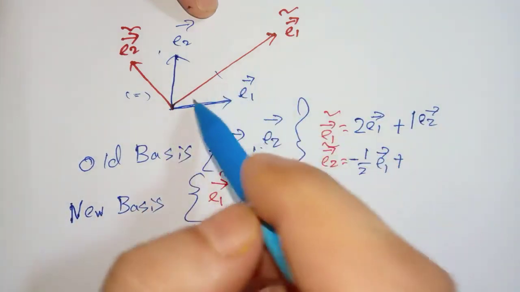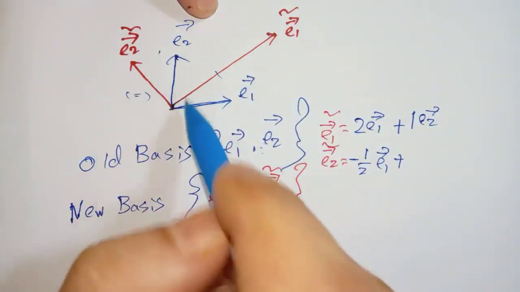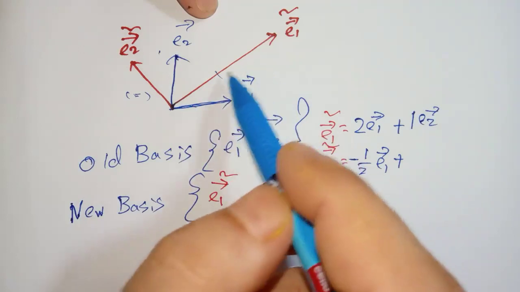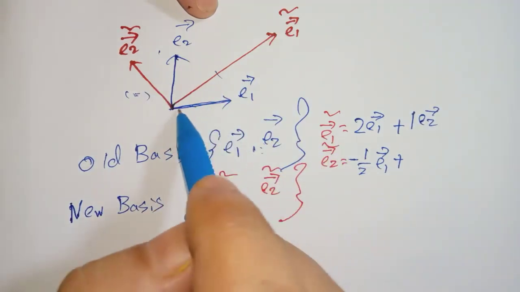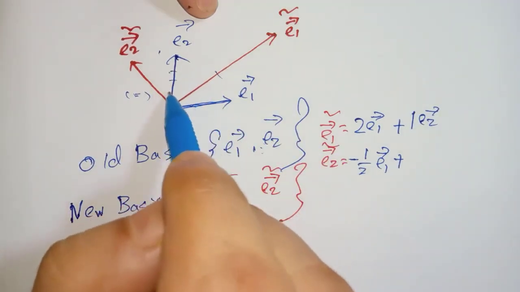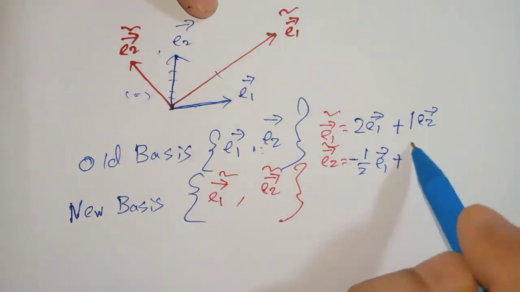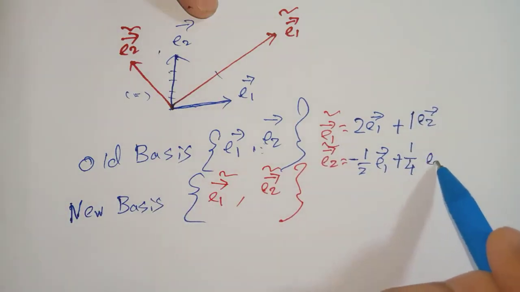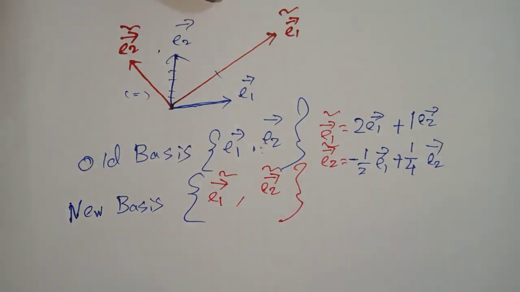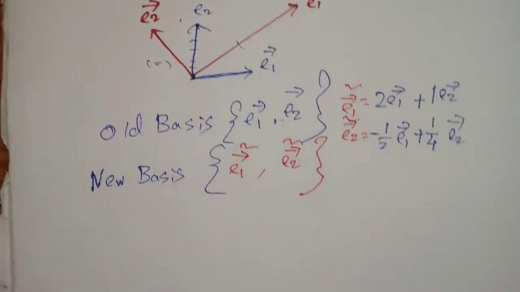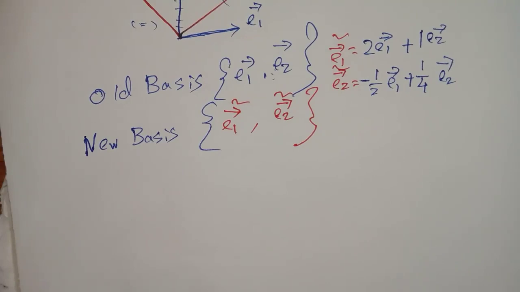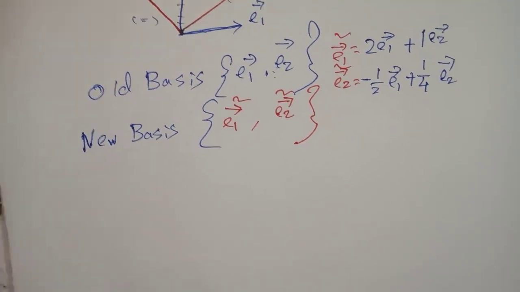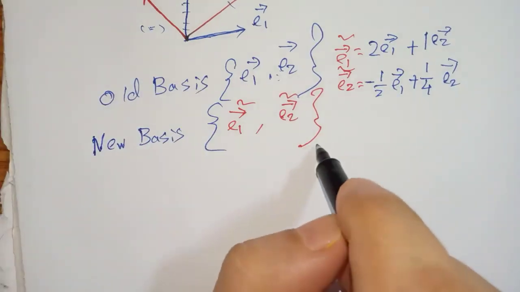So minus half of E1, this part, and 1/4 of E2, right? So this we can now write in a form of a matrix. So how do we write it? We can write it in this way.